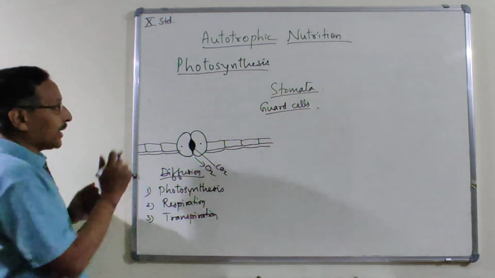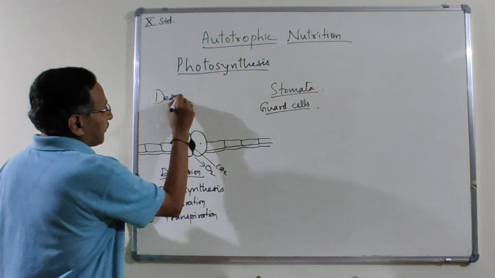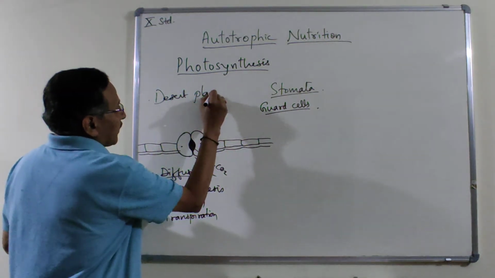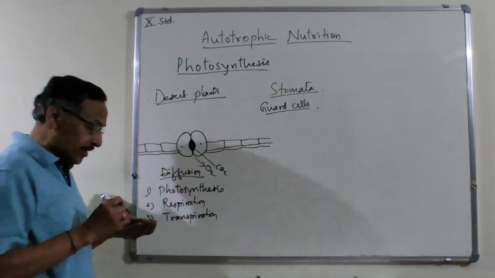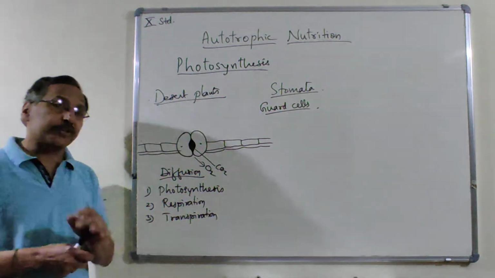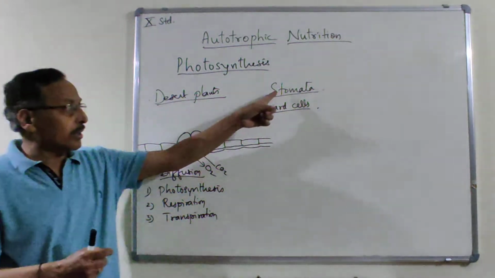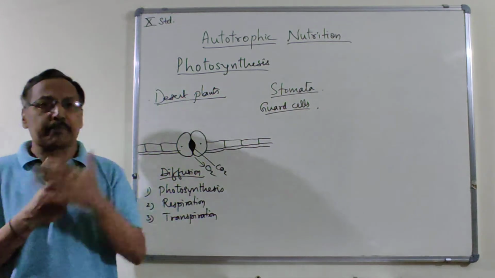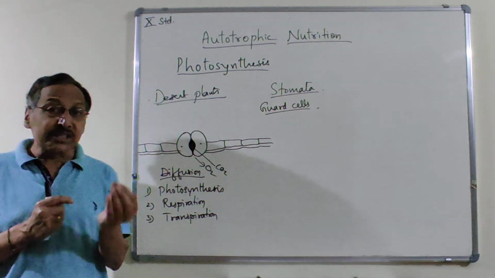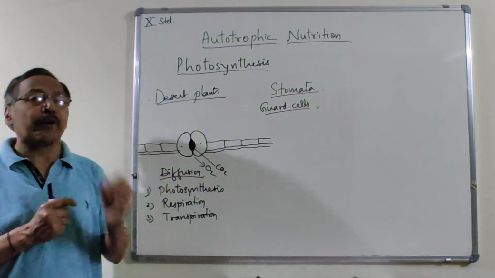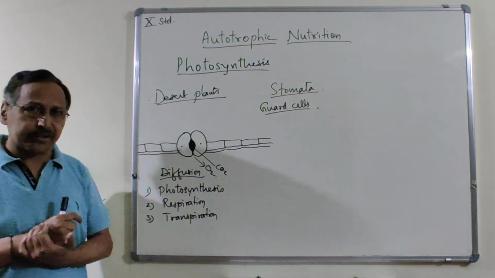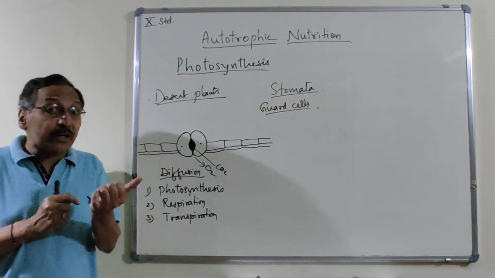In the desert plants, since there is scarcity of water and the temperature is very high, these stomata do not open up during the daytime. They try to conserve whatever water they have in the plants. Already there is less water, is it not? So they try to conserve that water.